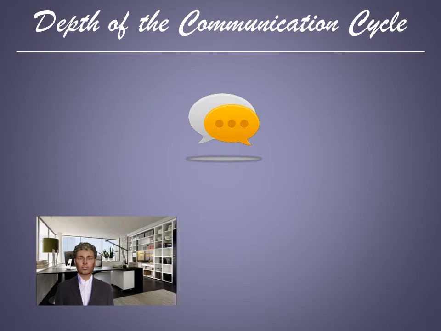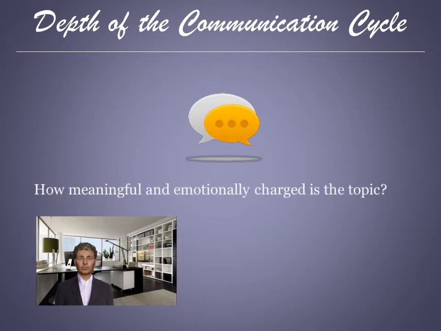And though learning about communication is important, it is not an emotional topic. In the daycare setting, however, the topic is quite deep and meaningful: how to help children succeed in their preschool years. And since this communication cycle involves the well-being of young children, it can easily become emotionally charged.